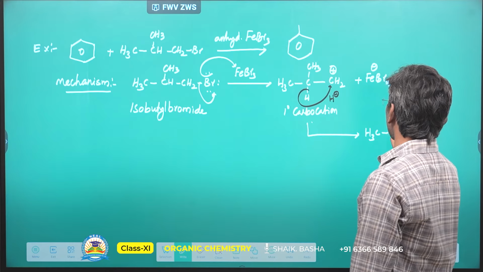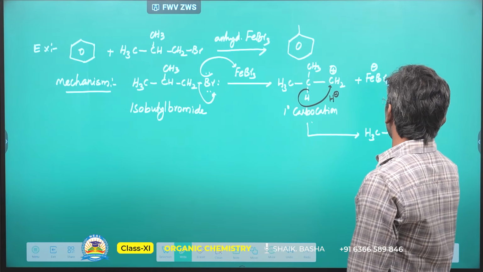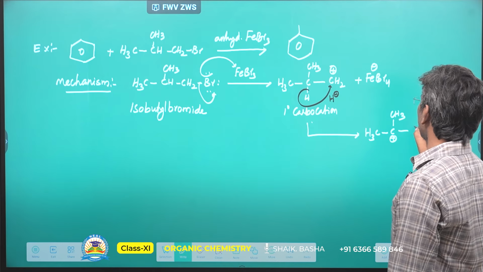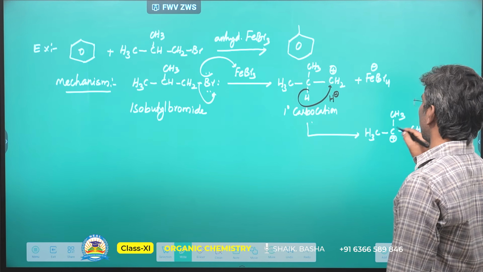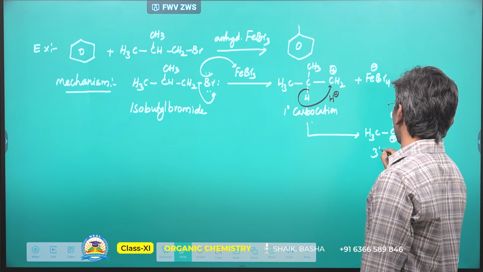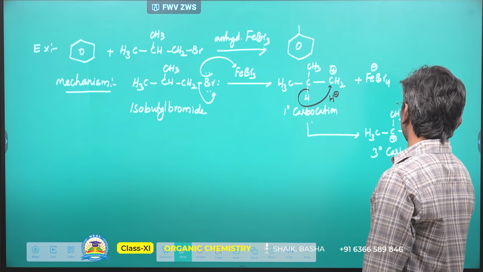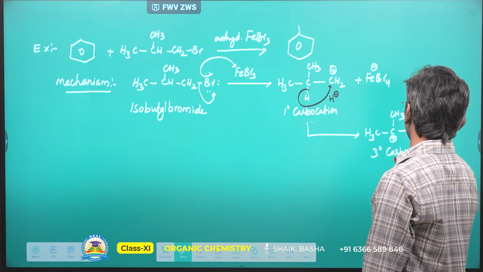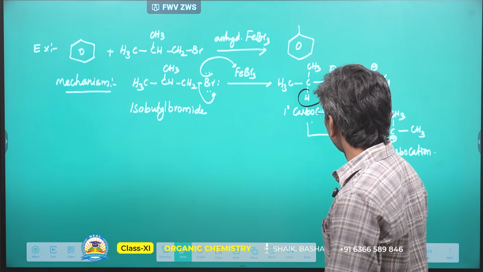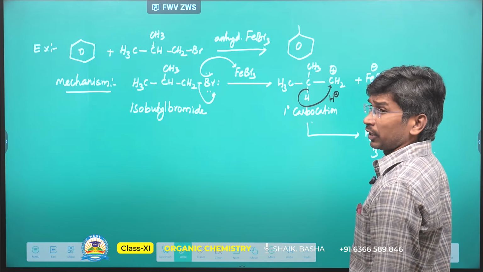CH3, CH3, the carbon bearing hydrogen gets positive charge. H minus is connected to CH2 plus, becoming CH3. So what is the name of this one? Tertiary carbocation. So this is a stable carbocation.